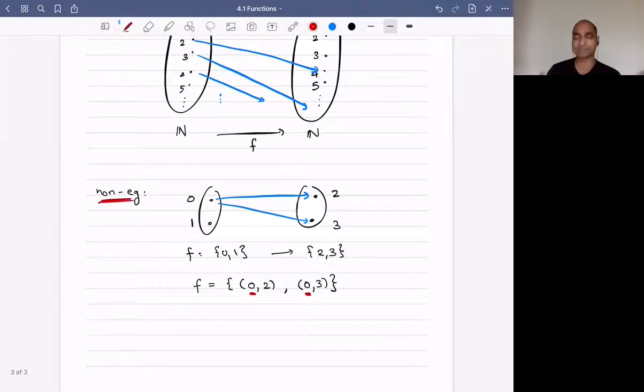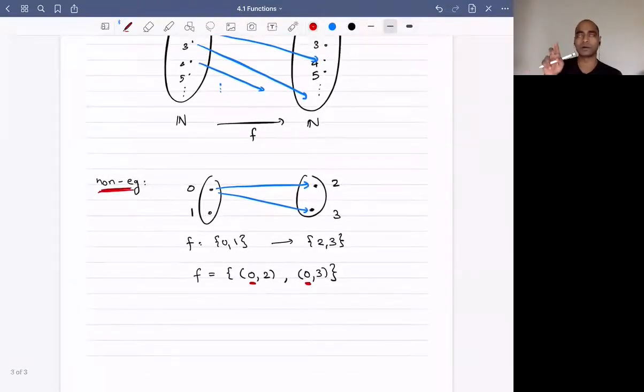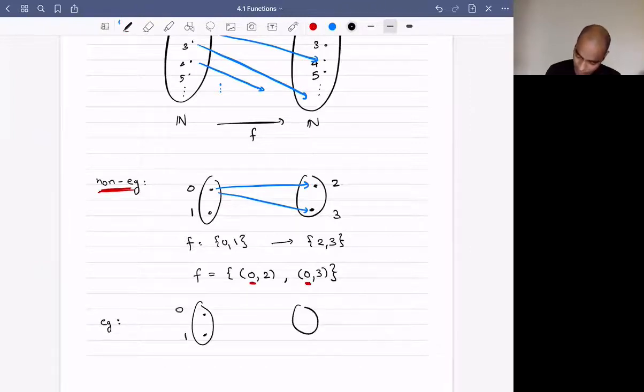On the other hand, it is totally fine to have 2 inputs go to the same output. So here's an example, which is very subtly different. I'll take the same domain and targets, and now I'll map them like this. And this is okay because it's taking the input 0 and mapping it to 2.